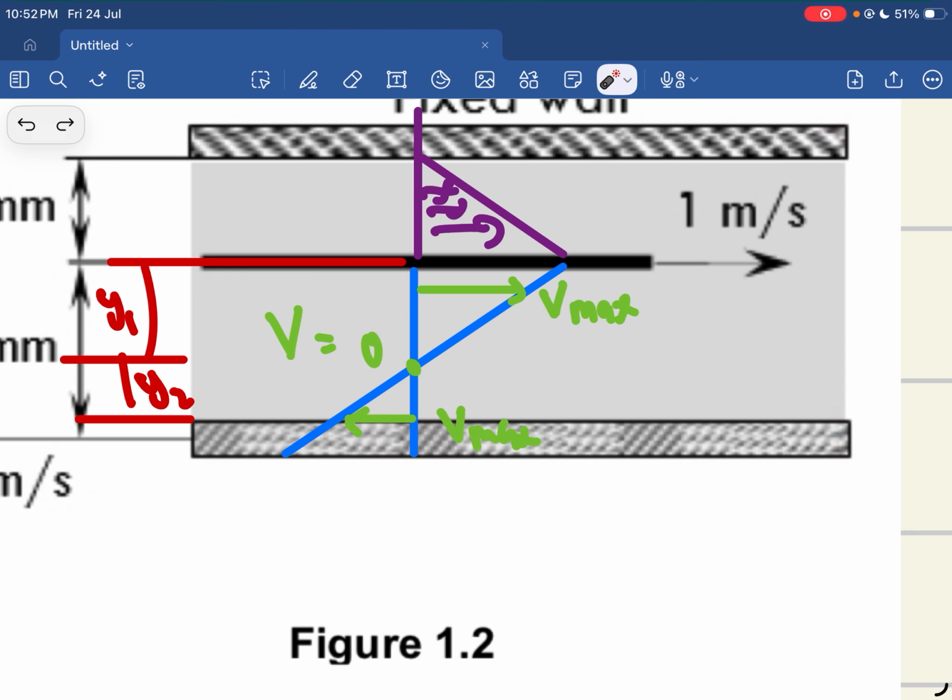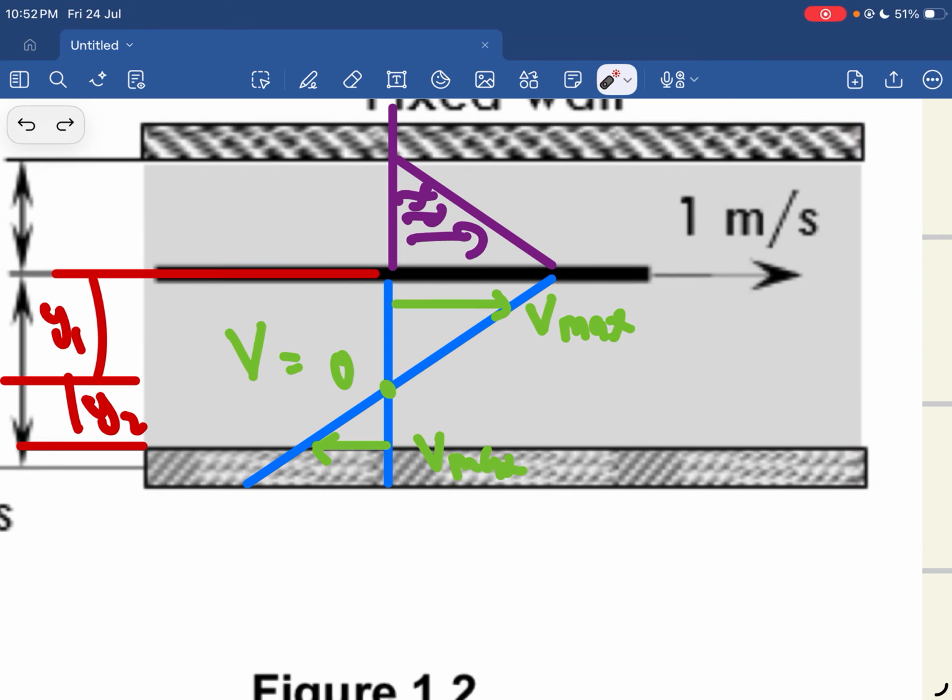As the profile gets near to the moving plate, the velocity of the fluid will be increasing, and the fluid that makes contact with the plate will have the same velocity as the moving plate.